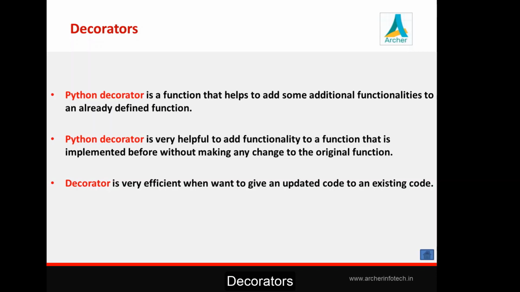It also returns one function. Decorator is very efficient when we want to give updated behavior to existing code. If you have some code already there and you want to modify it without changing the original code, then decorator is a very useful entity.